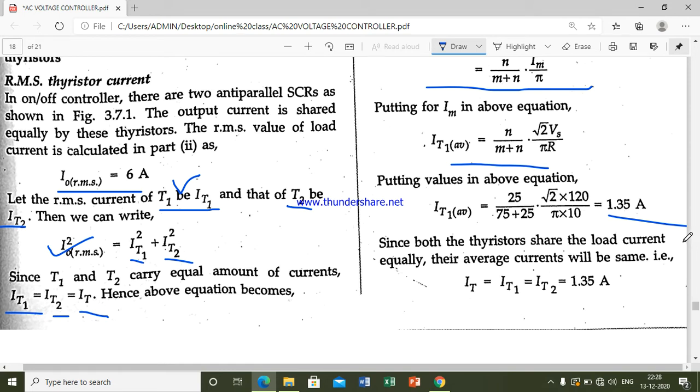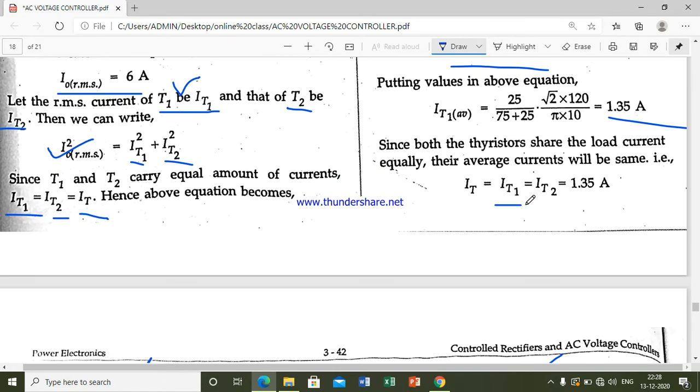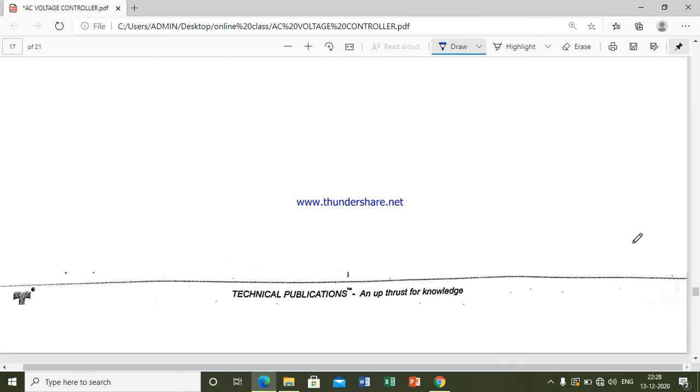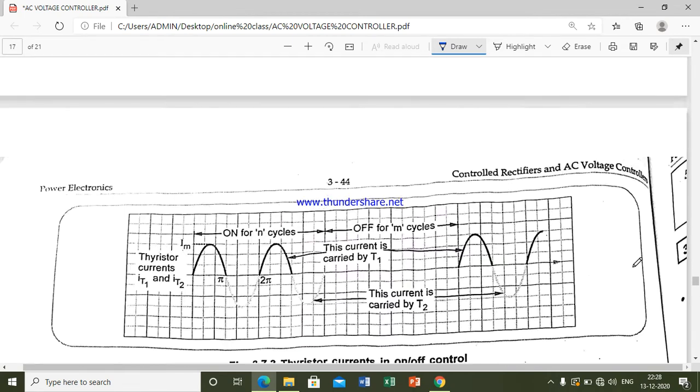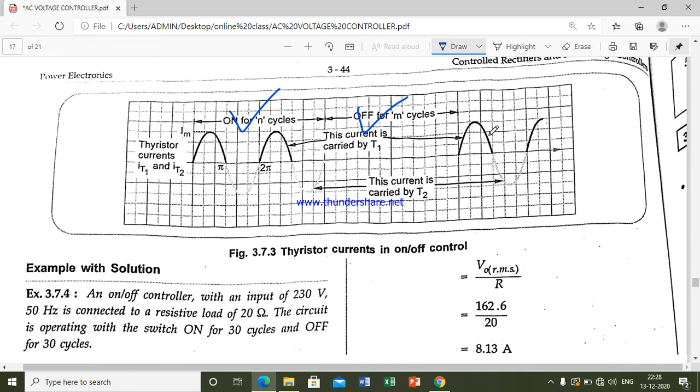So IT equal to IT1 equal to IT2, this is 1.35 amps. Thyristor current in on cycle will be this one. On for n cycle, it is off for m cycle.